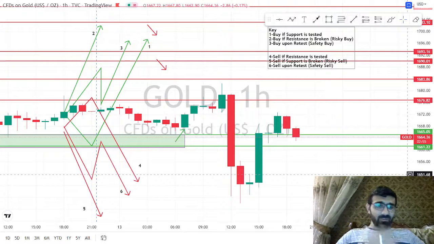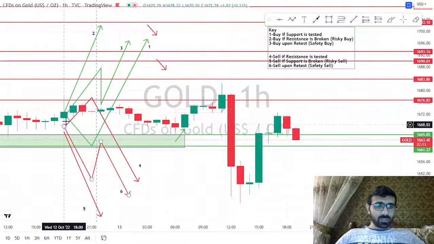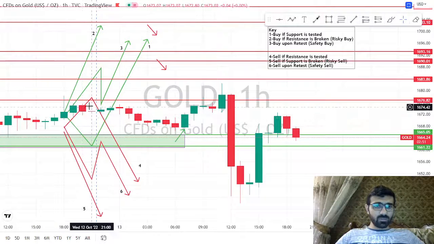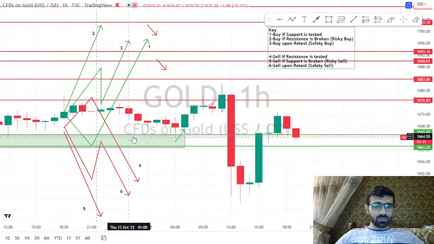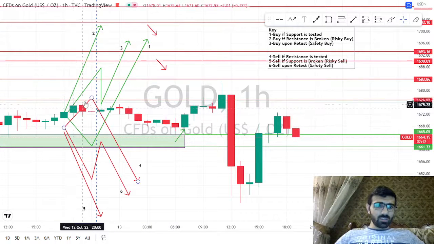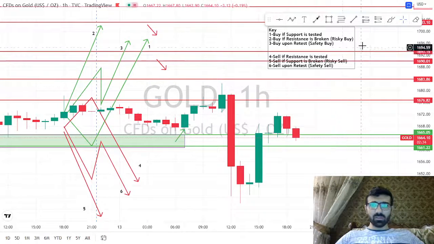Okay, so when we were discussing gold yesterday, market was trending over here and we gave you several scenarios. This was the short-term area of support, and this was the short-term area of resistance. You can clearly see that market almost tested our resistance area over here and gave us a confirm sign to sell from here.